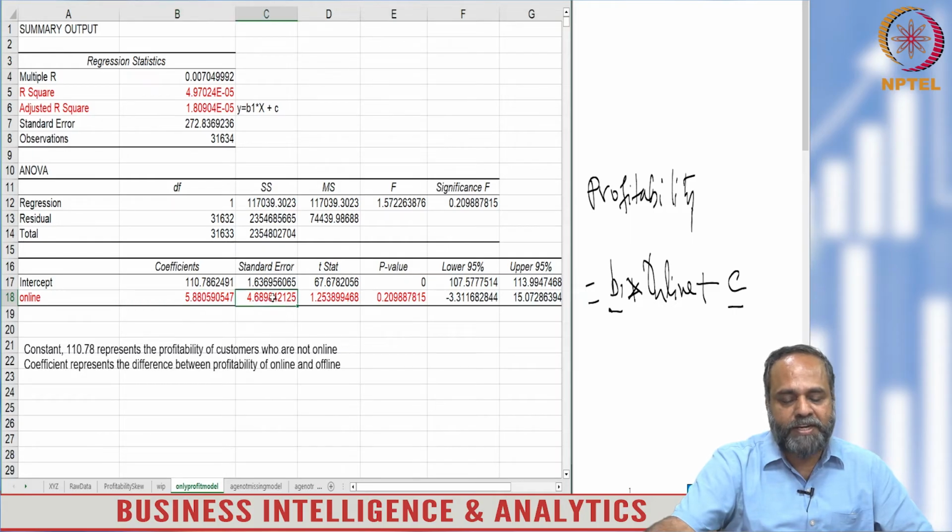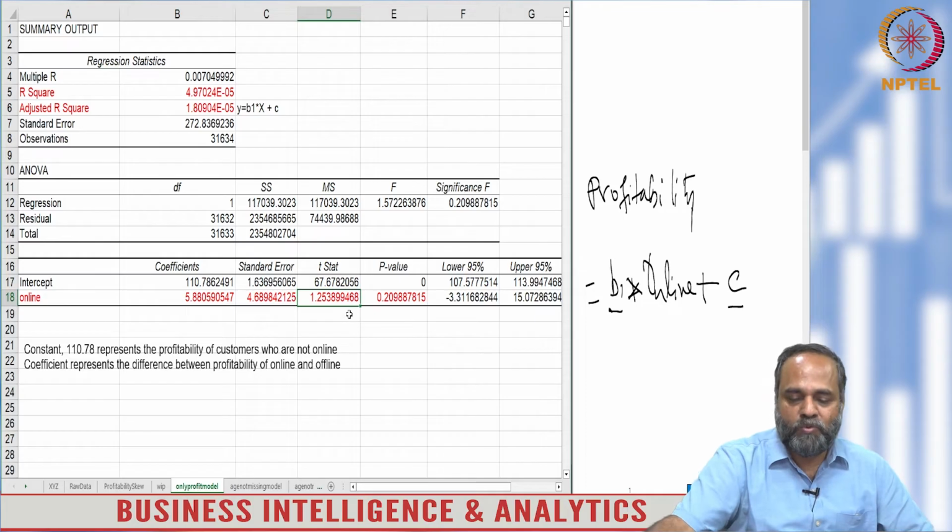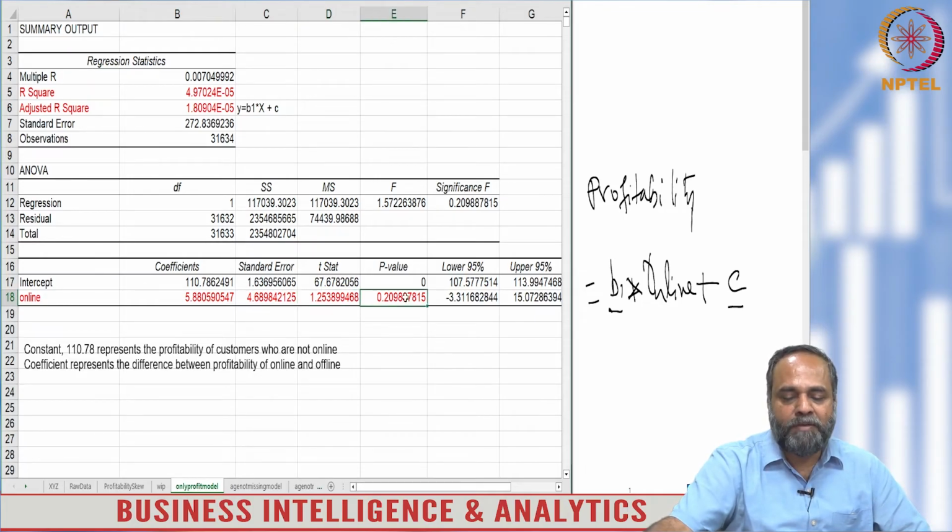The standard error is 4.68, the T ratio is 1.25. As soon as you see this value, you would doubt whether the result will be significant, and the p value you can see is 0.2, meaning it falls within the rejection region of a hypothesis.